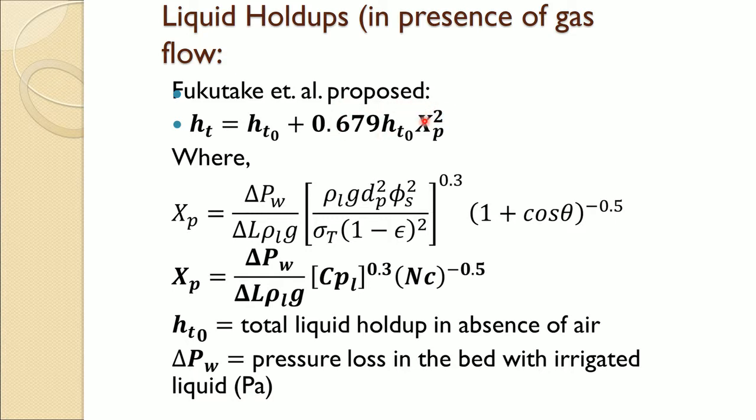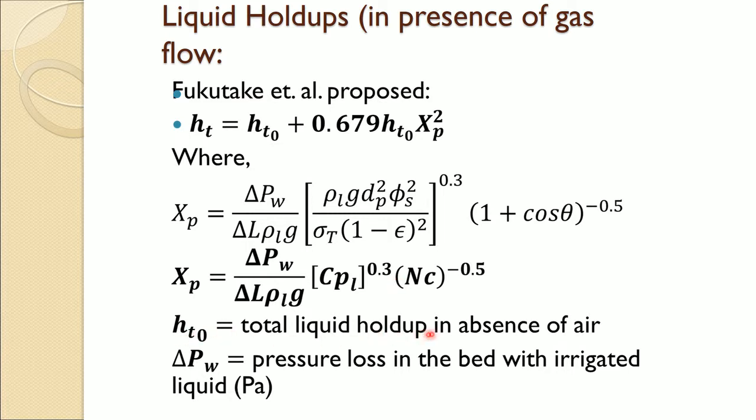where xp is again a pressure drop, which is in the irrigated or wetting condition when the liquid flow is there, the pressure drop under those conditions, and with these numbers, which are the capillary number and interfacial force number. So, in terms of capillary number and interfacial force number, this xp is represented in this form.